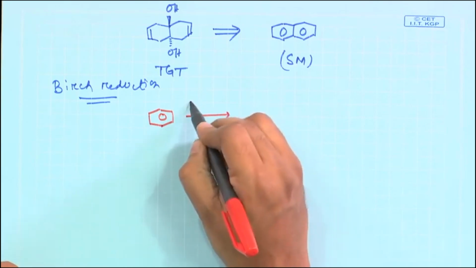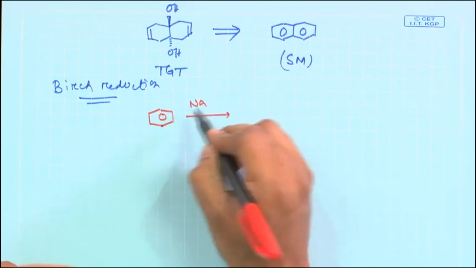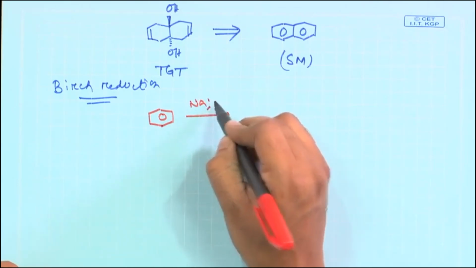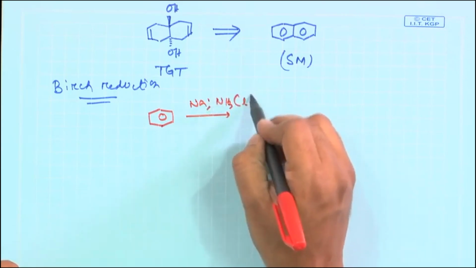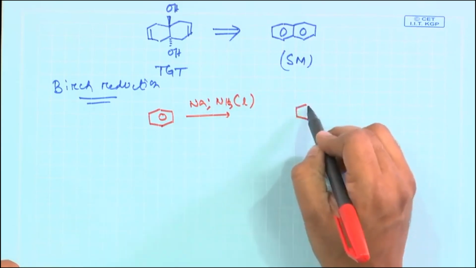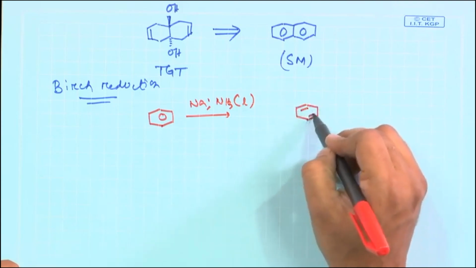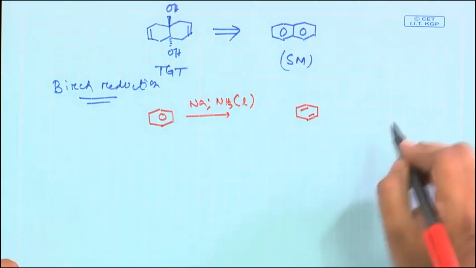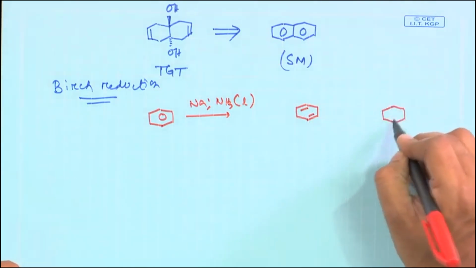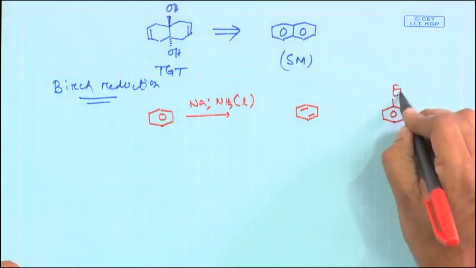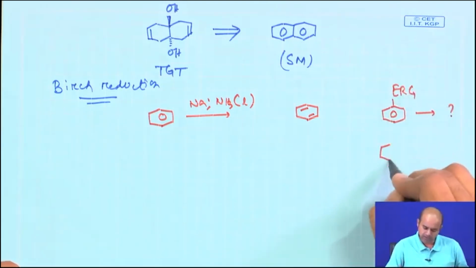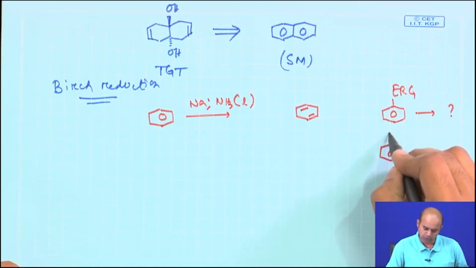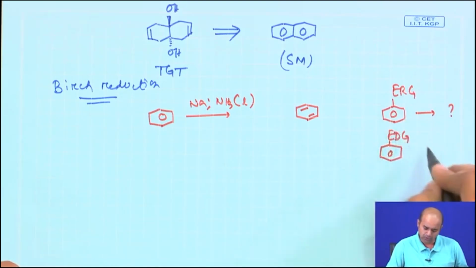I will try a simple Birch reduction of a benzene system. If you subject benzene to sodium and liquid ammonia, you get this kind of compound. Now, if the benzene is substituted with an electron-donating group, what will be the product?